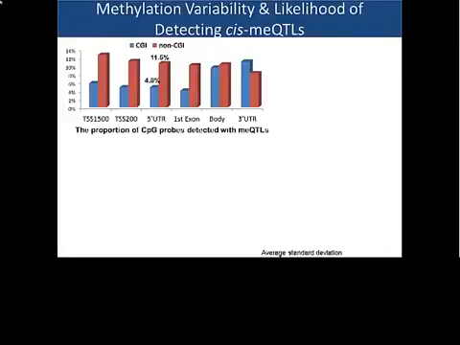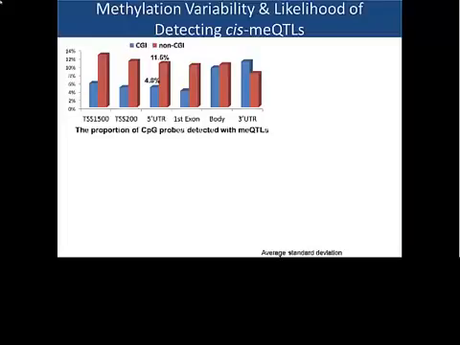And then we investigated the relationship between the methylation variability and the likelihood of detecting cis-methylation QTLs. So, for example, for each category of the CpG sites, we calculate the proportion of such CpG sites detected with methylation QTLs.